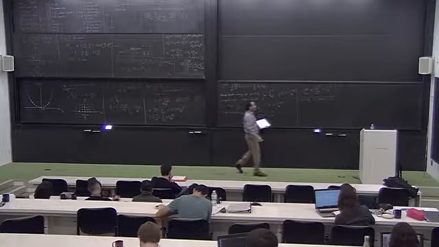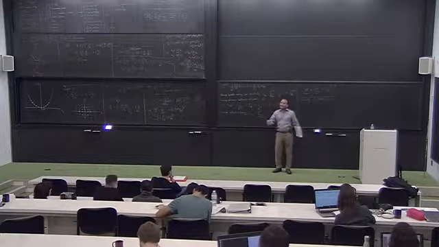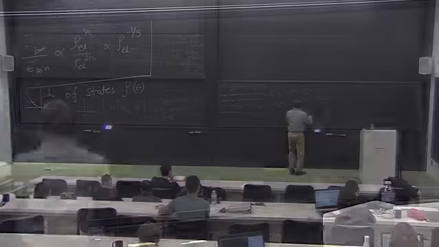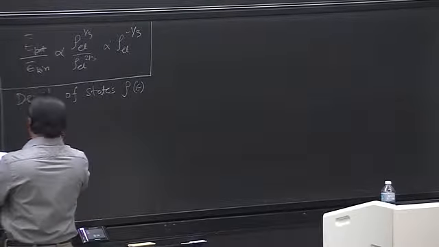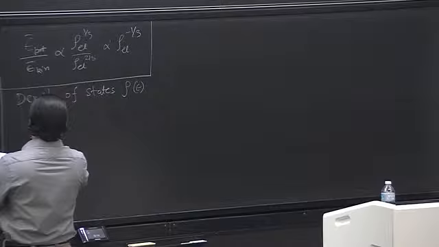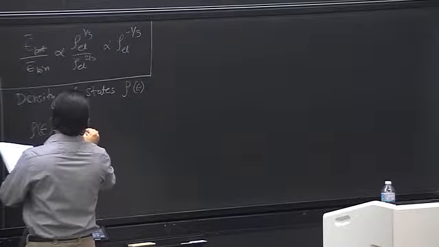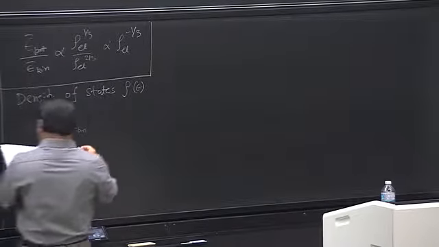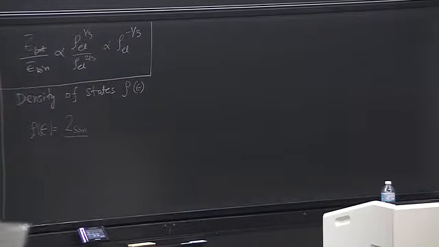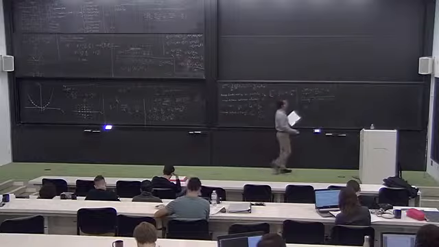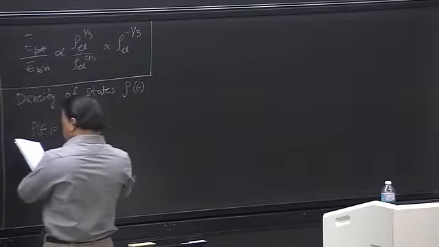So density of states is defined as the total number of states that are available for occupation at a given energy. One way to calculate this is, density of states as a function of energy. I will write a factor of 2 for spin. It's defined as the total number of states available for occupation at energy E per unit volume, because we are calling it a density.